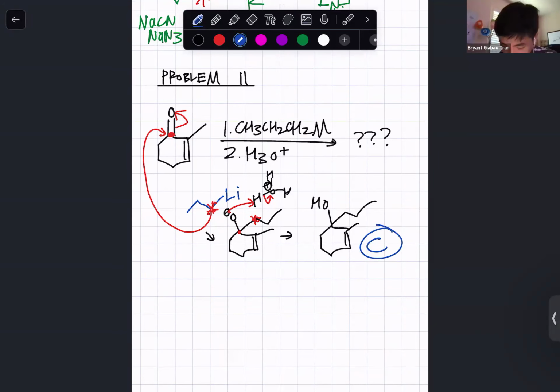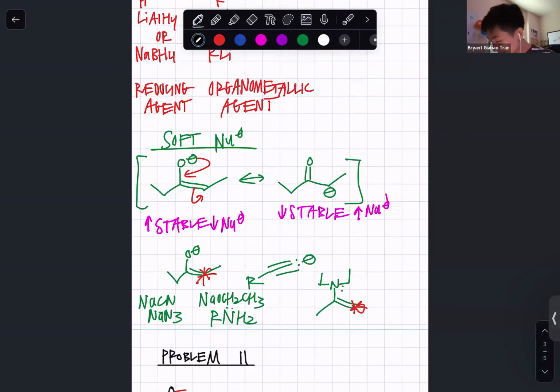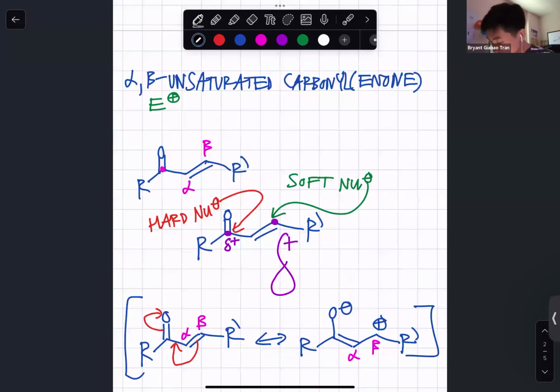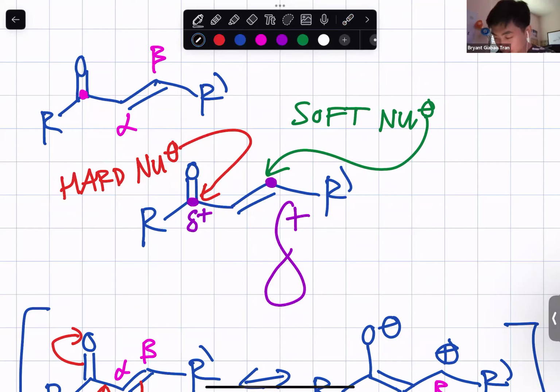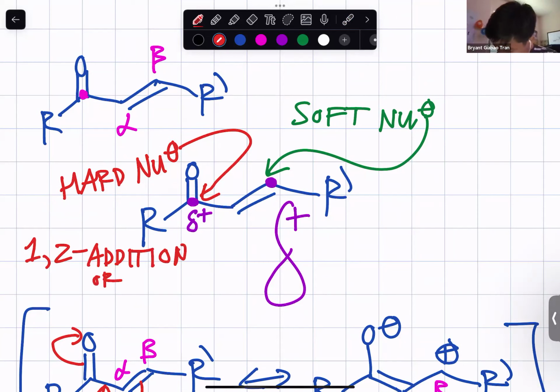This is an example of a, oh yeah, I forgot to say. When the hard nucleophile attacks a carbonyl carbon, there's two ways that you could call that. You could call that a 1-2 addition or a direct addition, right?